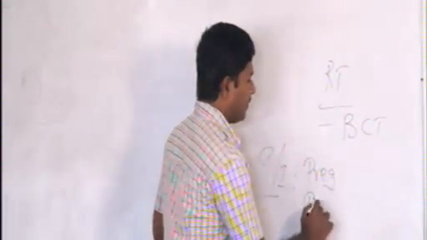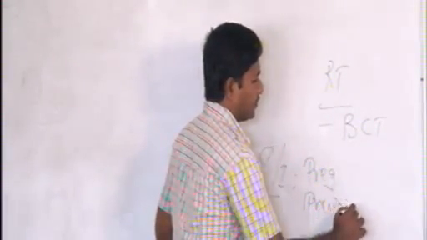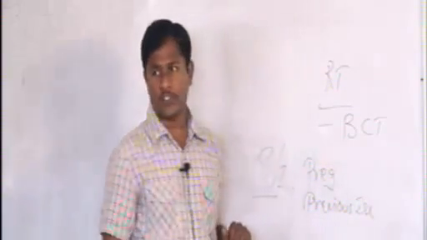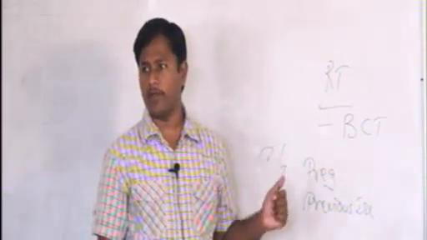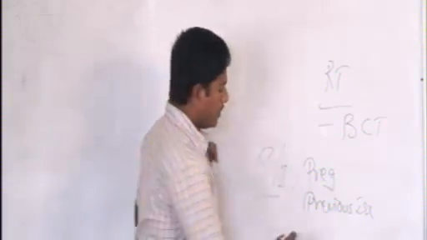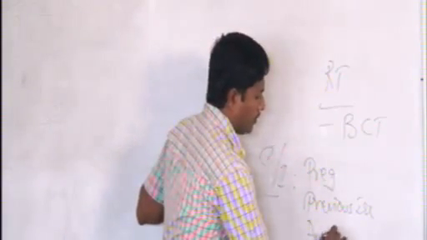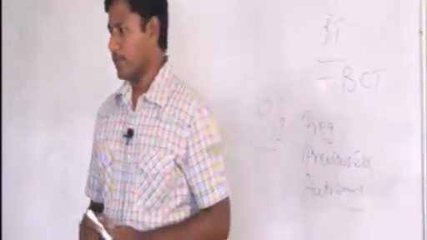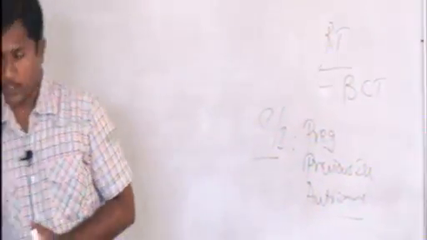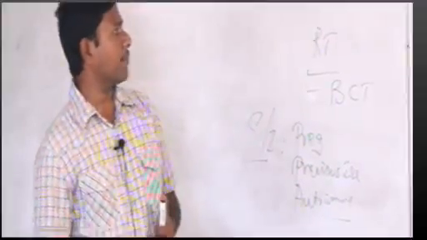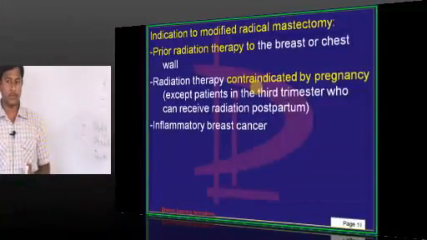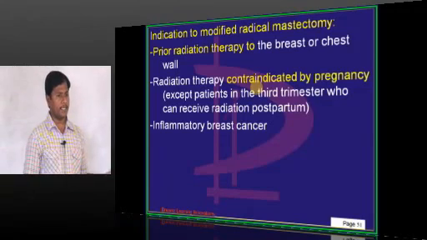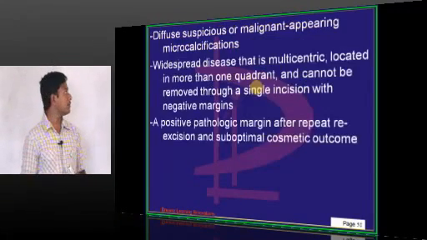So pregnancy and previous irradiation, people who have history of collagen diseases or autoimmune diseases, right? Autoimmune and collagen diseases, again you have to see that radiation therapy is contraindicated. Okay. The important indications and contraindications you have to remember.